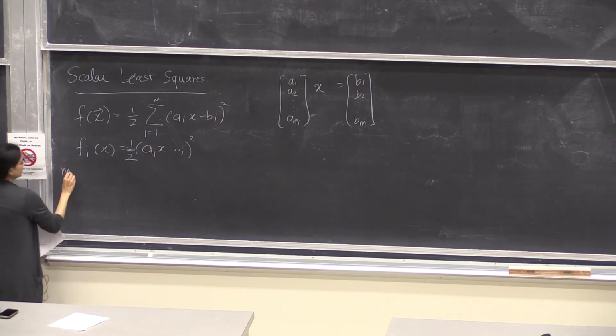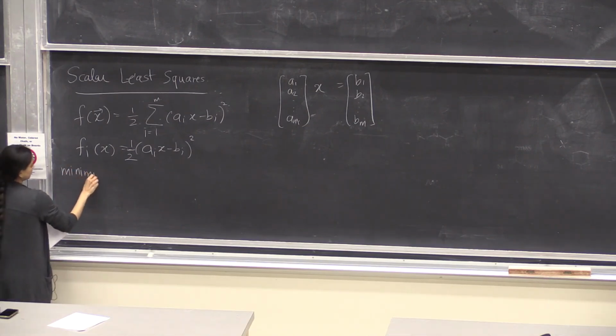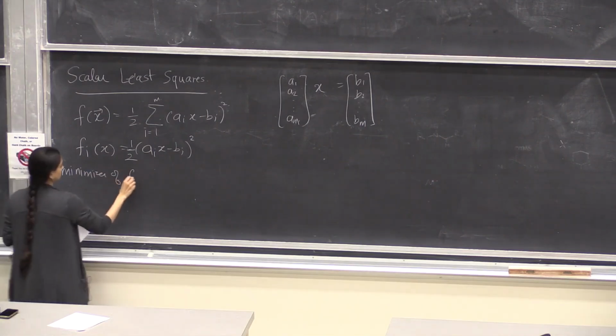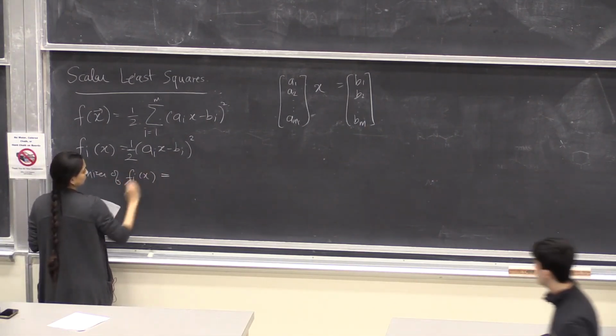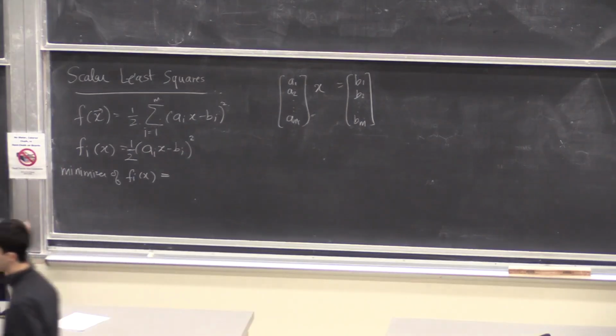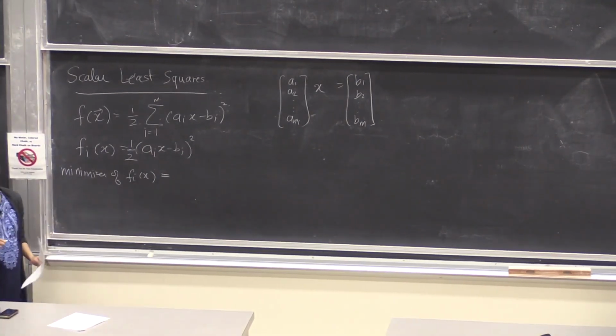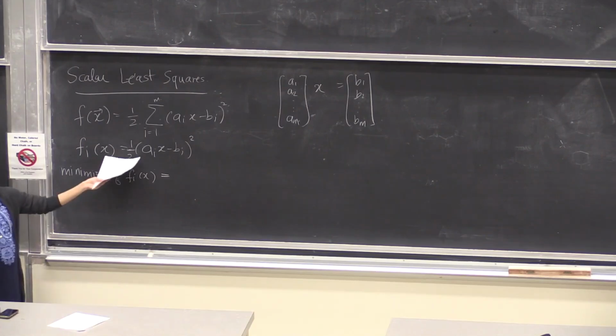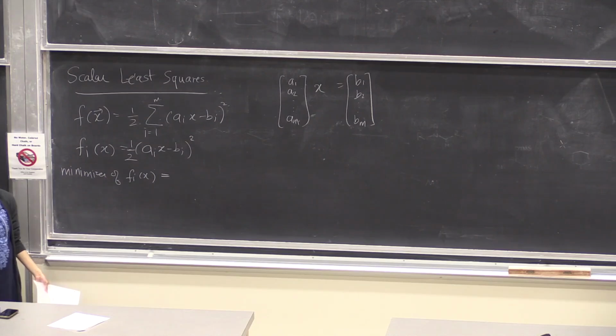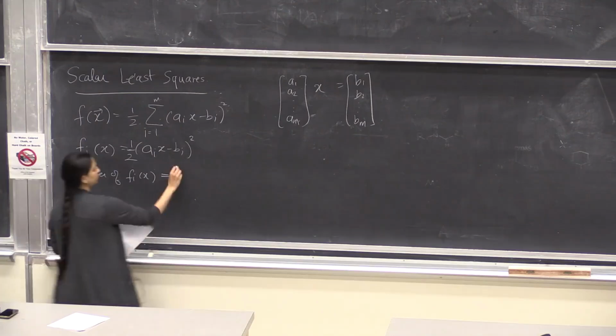So what is the minimizer? What is the x where this is minimized? Well, first, what is the minimum value of f_i of x? 0, right? x is any real number. At what x is that true? b_i over a_i, right?